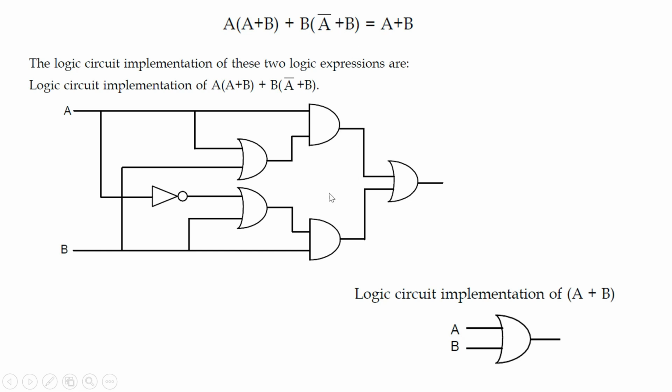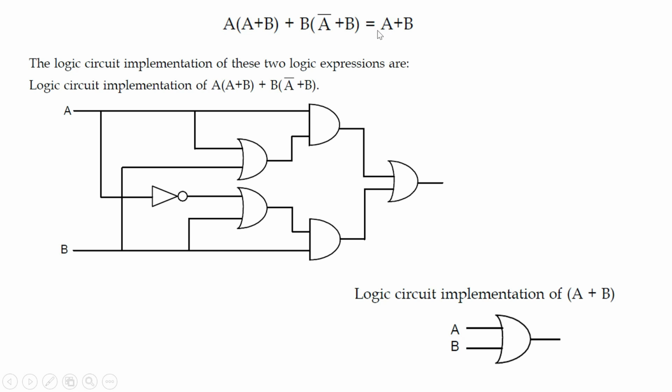For this term, we have NOT A. The output of NOT A is ORed with B. There, for this term. And then it is ANDed with B. The output of those different terms is ORed to get that output.